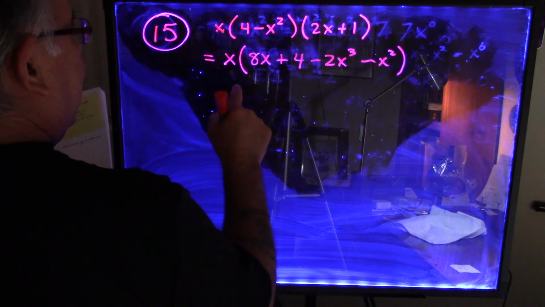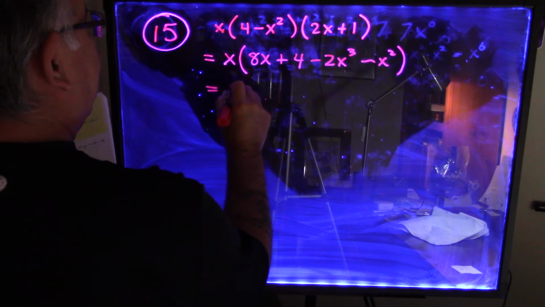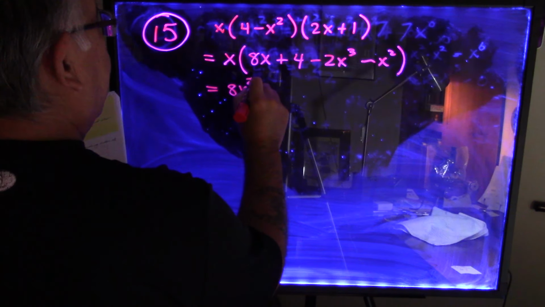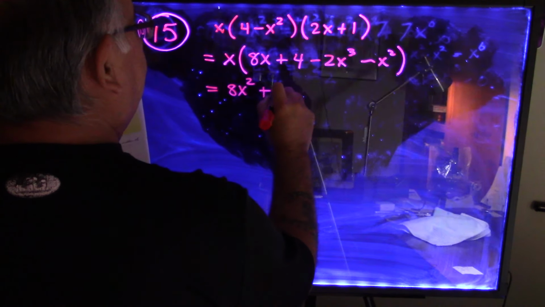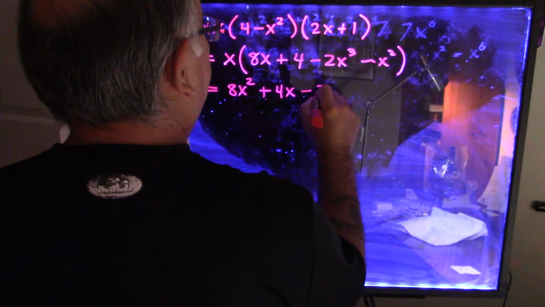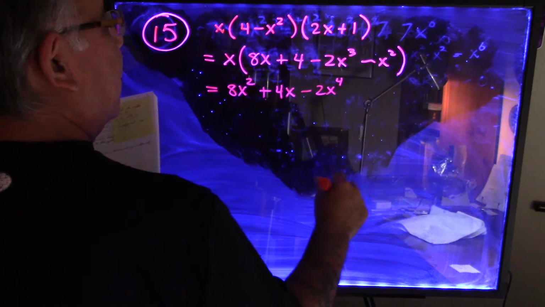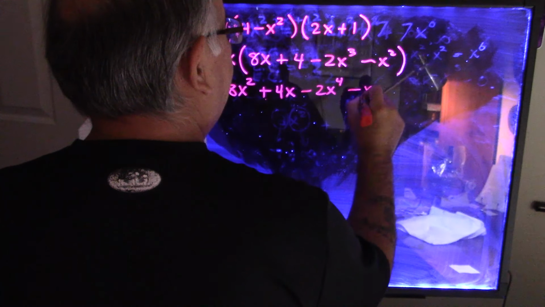All right, so multiply everything out. You've got x times 8x is 8x squared. x times 4 is 4x. x times negative 2x cubed is negative 2x to the fourth. And x times negative x squared is negative x cubed.